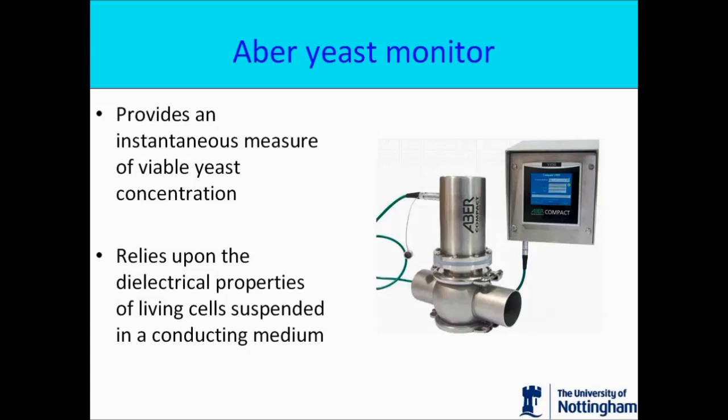And I think that the two key words are instantaneous and viable. And how in fact does it do this? It's actually based upon the dielectric properties of living cells when they're in a medium which contains charge groups such as wort or beer.